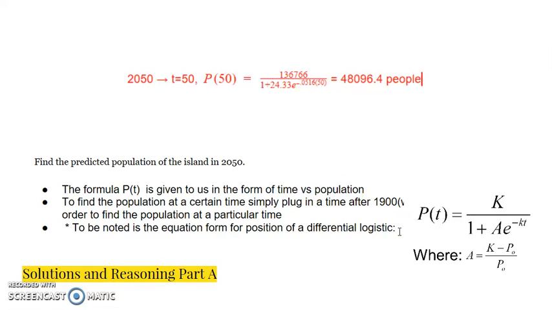Since we want to find P of 50, we just plug in 50 for t, since t of 0 corresponds to 2,000. Once we plug this in, we get 48,096.4 people, and we'll round down to 48,096 people.